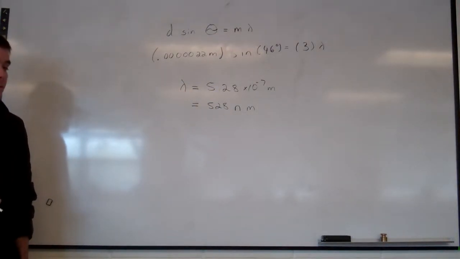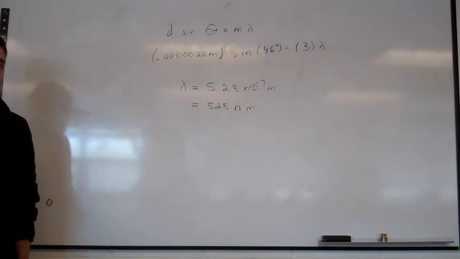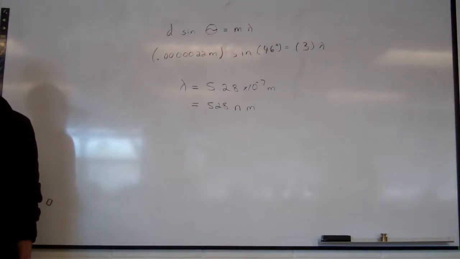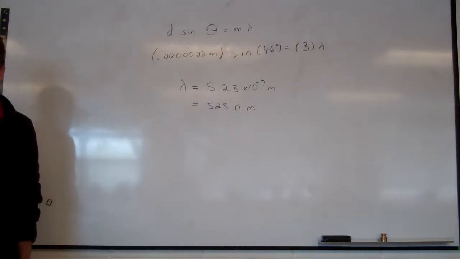I'd accept either meters or nanometers. All right, questions on that one? Are the answers always going to be in nanometers? For wavelength, they're always going to be on the order of nanometers. If you get a wavelength of 2 million meters, you've done something wrong.